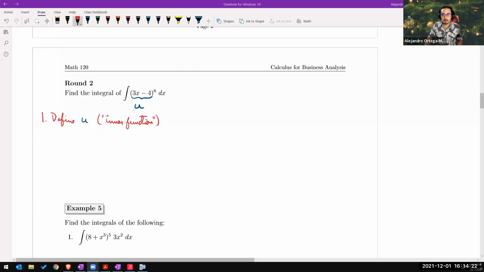Okay. All right, so now that we established the u, this one here was 3x minus 4 raised to the 8th.